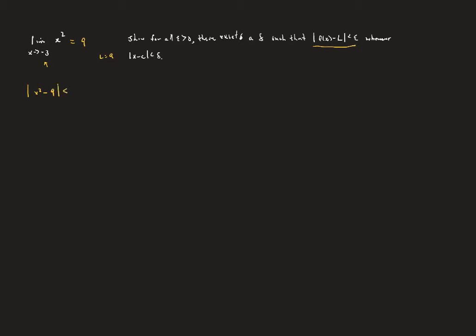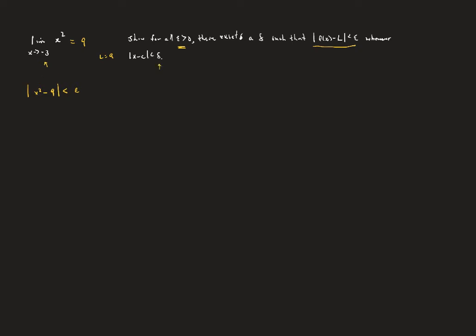minus L, which we just decided was 9, and that's less than, and now here's where it gets a little more difficult because I didn't tell you what epsilon is, which means you must leave it as the symbol epsilon. And so our goal, what we want is x minus c.